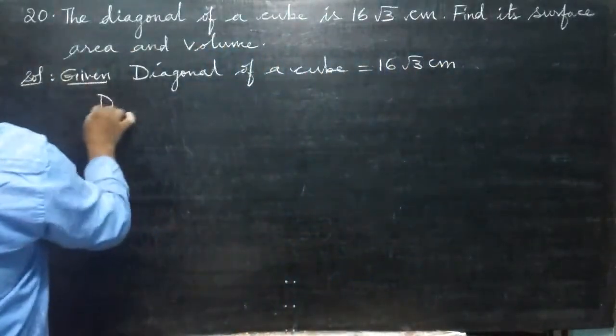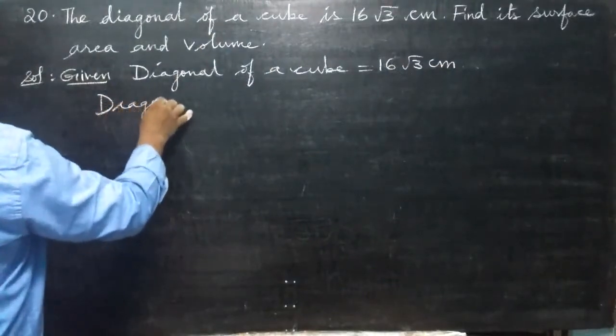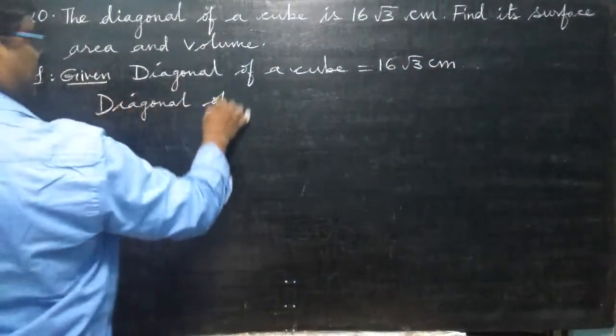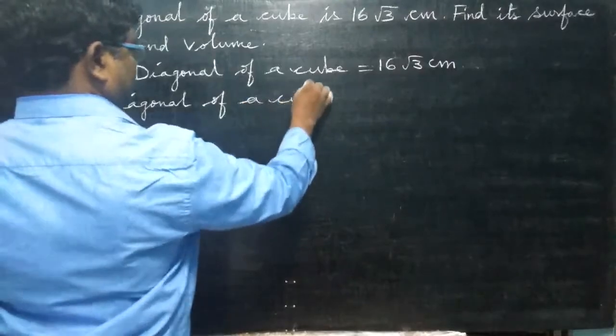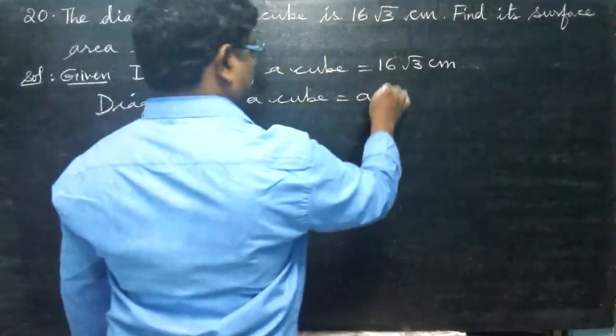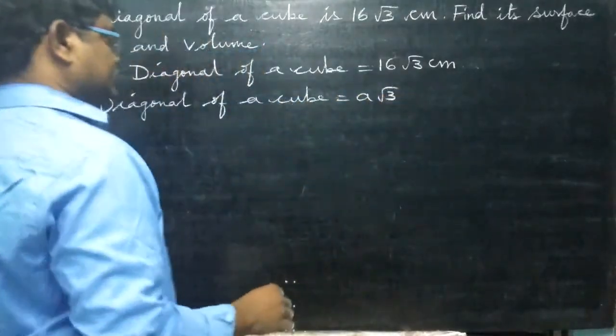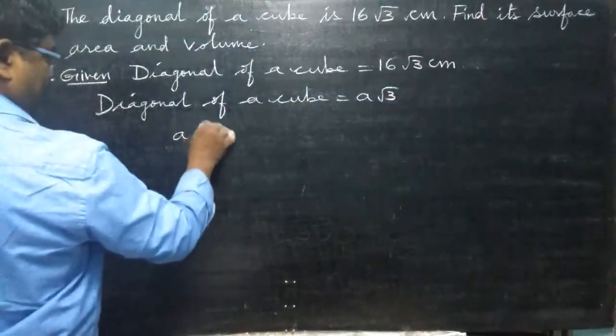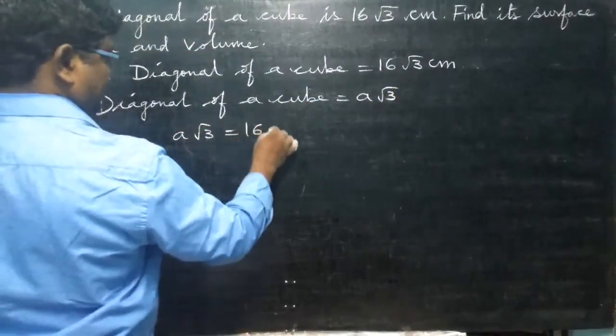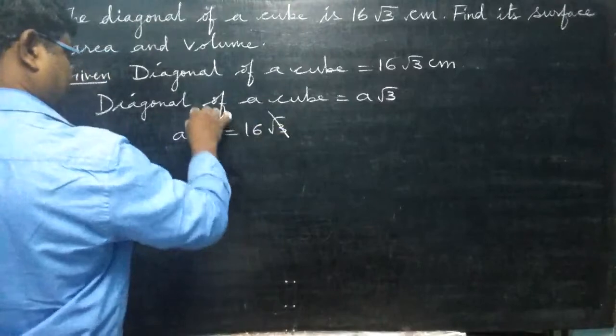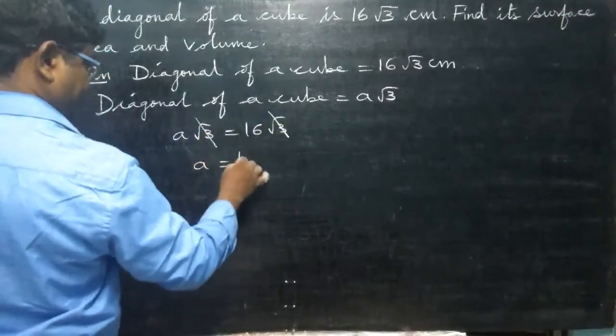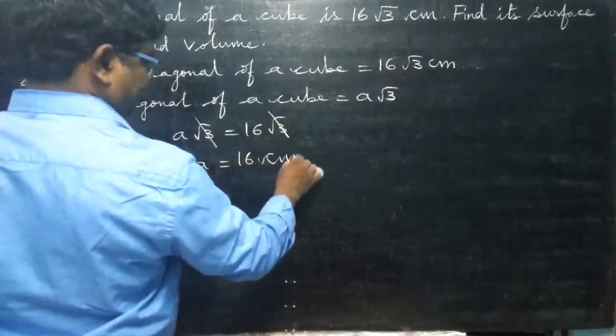And what is the formula for the diagonal of a cube? A root 3. This is the formula. Now compare. A root 3 is equal to 16 root 3. Root 3 cancel. A is equal to 16 centimeters we got.